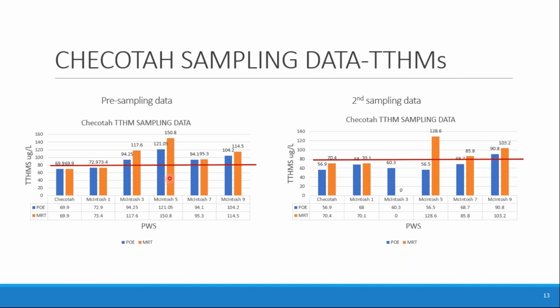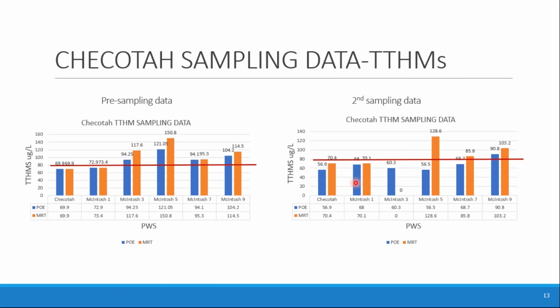But I will point out a couple of other locations here. In McIntosh 3, there was a big drop from 94 at the point of entry to 60, which is a 36% decline in the THMs.